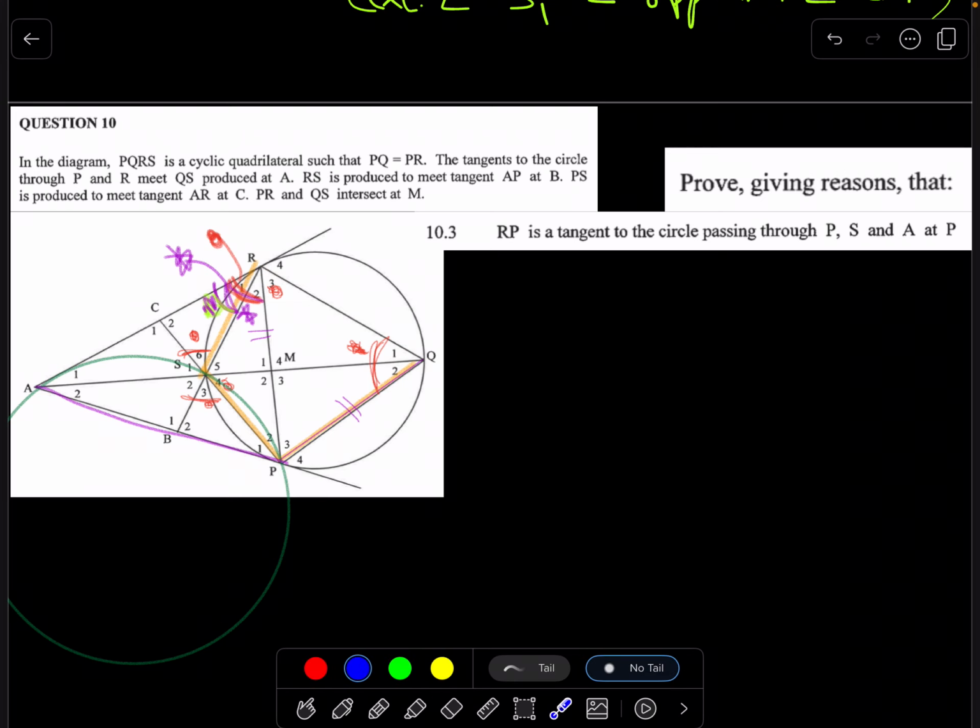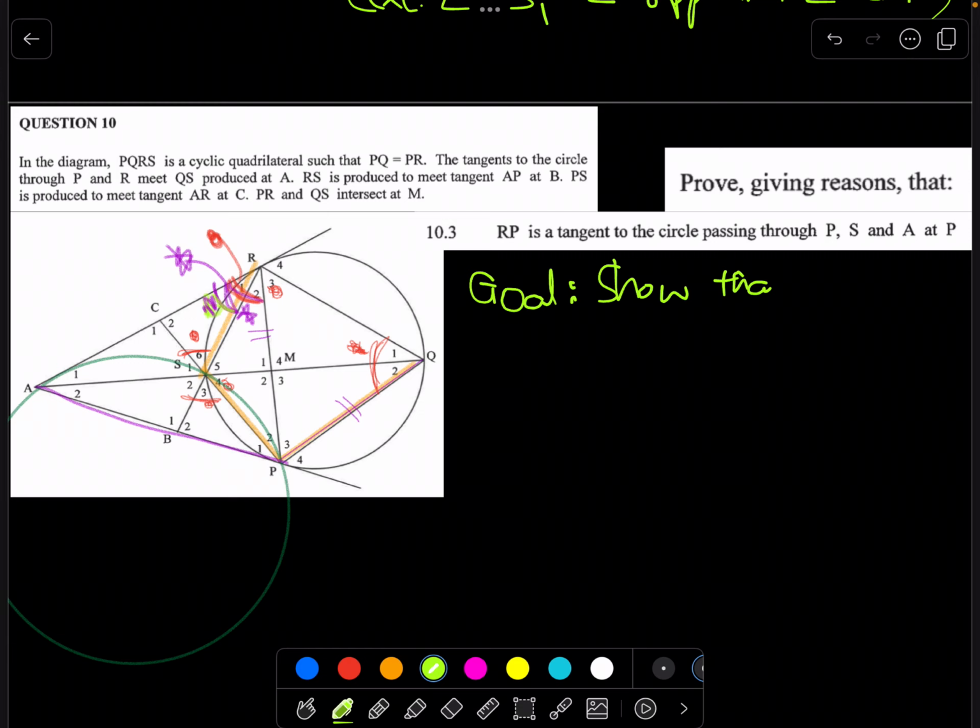Okay, so let me run through it before I erase everything. So the goal is to prove, and sometimes it's not a bad idea to write this down, right? Goal, show that angle P2 is equal to angle A2.